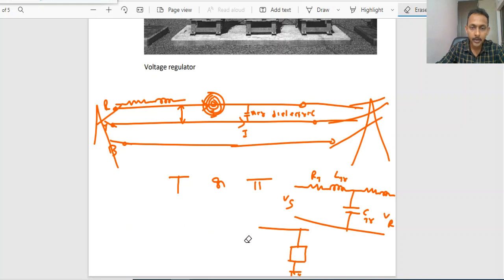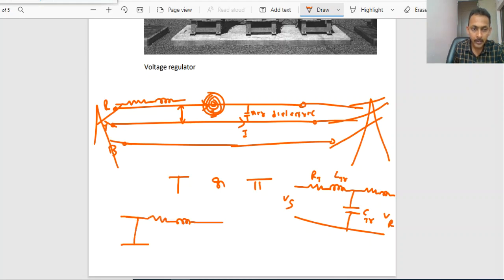a lot of analysis can be done on this resistance, inductance and capacitance of the transmission lines, right? If it is a pi network, you can observe resistance and reactance will be there, and in shunt you can observe the capacitance of the line. So this represents the pi network.